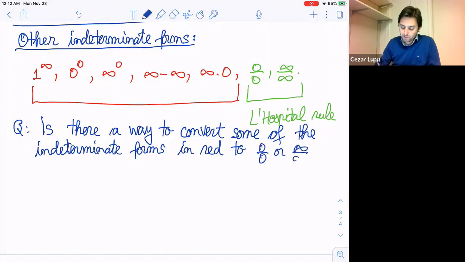That is the big question that we would like to answer. And of course, once we do this, maybe we can evaluate it. As you have seen, I can apply L'Hopital rule. So that is my goal. And now let's see some examples.